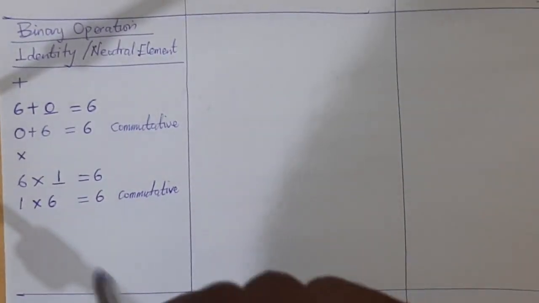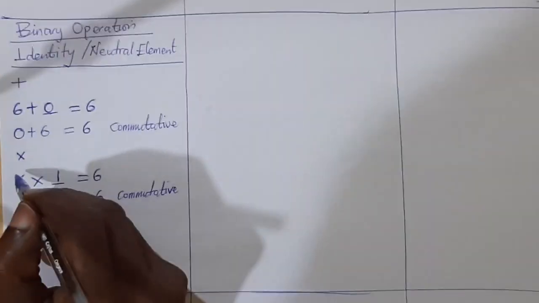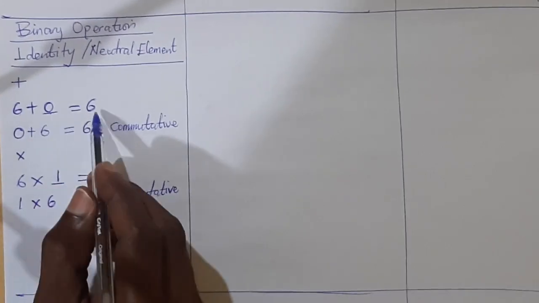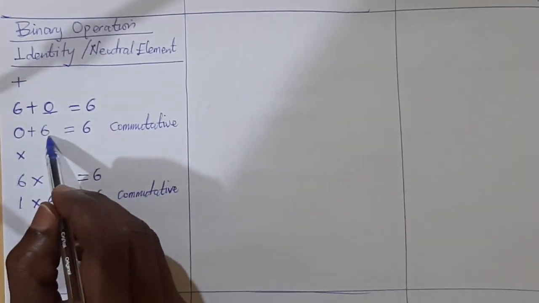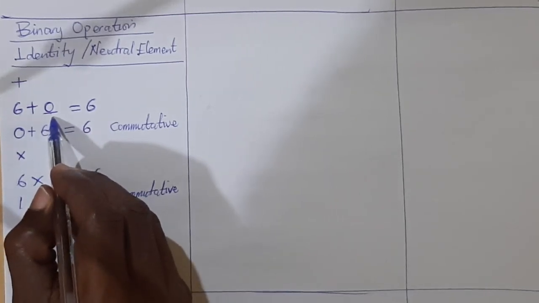So for addition, the identity element is 0. If you add any number to 0, you get the number itself. So 6 plus 0 is 6, 0 plus 6 is 6. So the identity element for addition is 0.